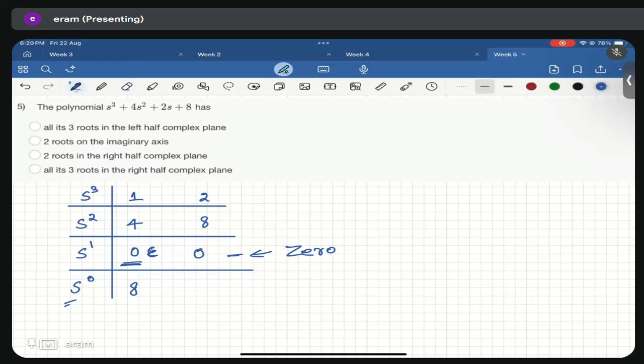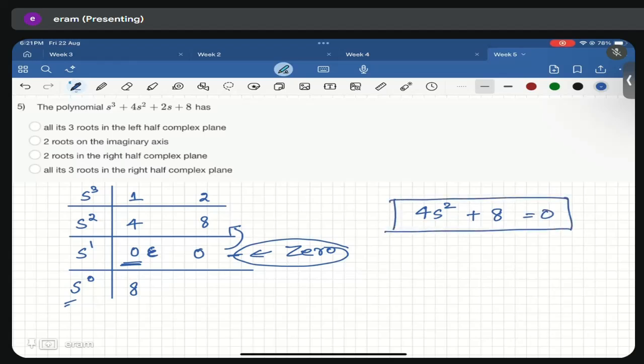in case of all 0 row, how do we proceed further? How can we resolve this all 0 row? We have to take the auxiliary polynomial. Yes, we have to go to just above this row and write 4s square plus 8 equals to 0. So this one defines the roots of this polynomial.